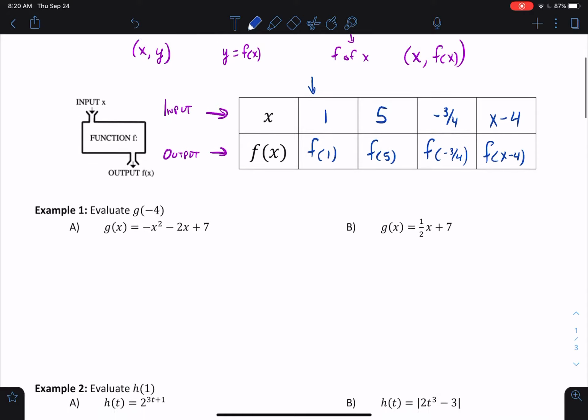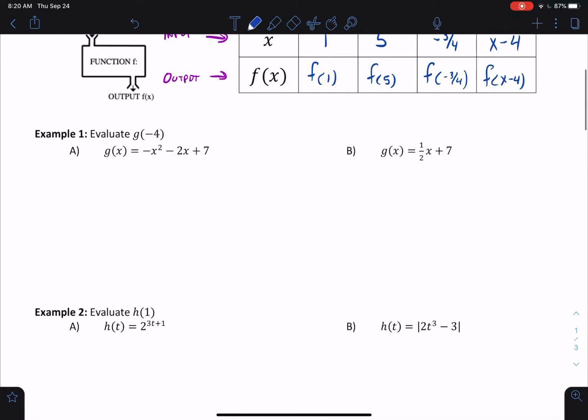Example 1, evaluate g of negative 4. This is saying x is equal to negative 4. So everywhere I see an x, I'm going to plug in negative 4. So g of negative 4 is equal to negative, and then I see an x, so I'm going to substitute in negative 4 squared, minus 2, and then I see an x, so I'm going to substitute in negative 4, and then I'm going to add 7.